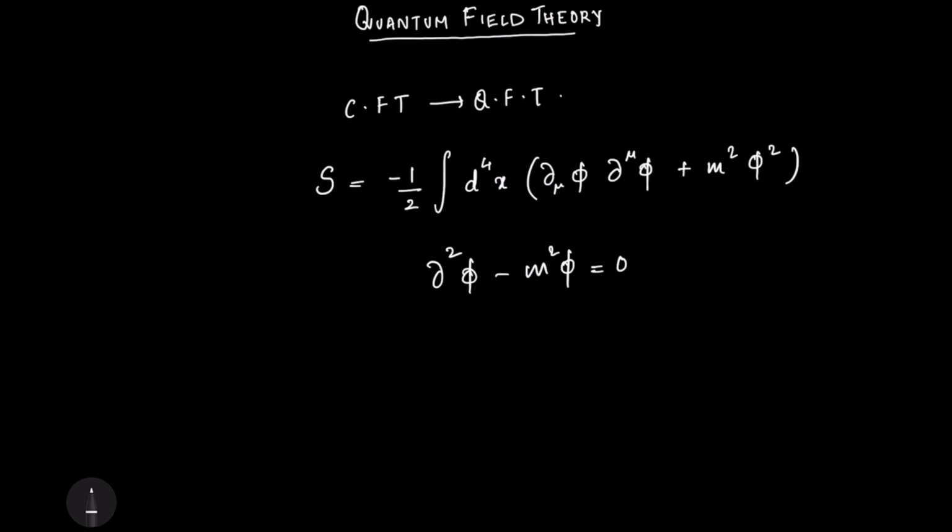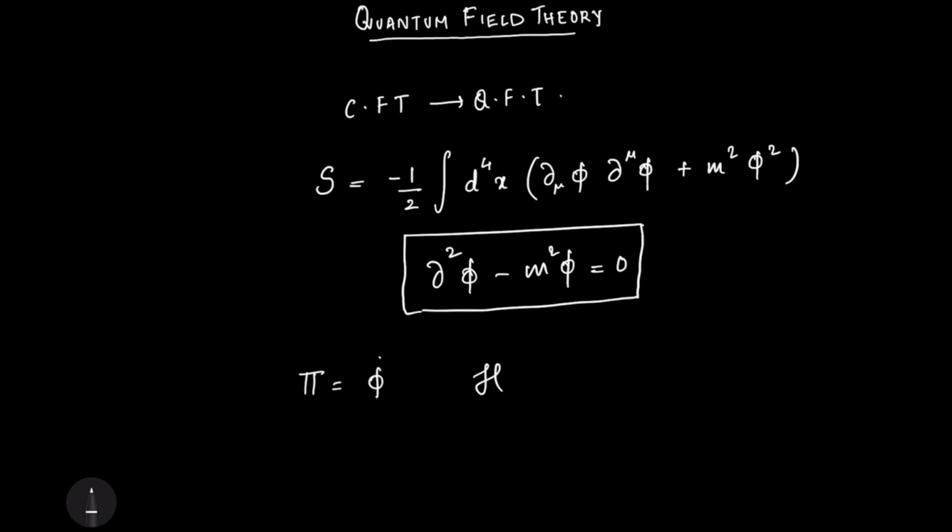We have already calculated. The canonical momentum density pi is given by phi dot, and the Hamiltonian density is pi square by 2 plus half gradient of phi square plus half m square phi square.